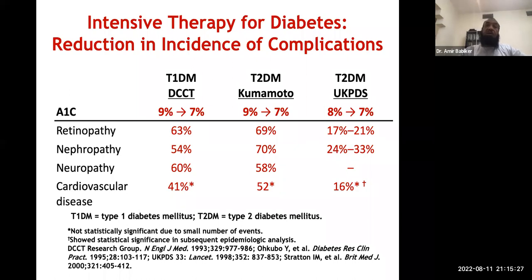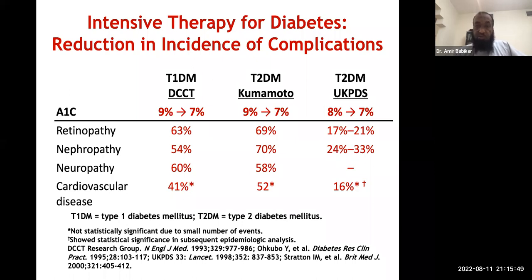Okay, there are cornerstone studies that have influenced the management with intensive therapy. These are of course the DCCT, the Diabetes Control and Complications Trial, and then we have the UK diabetes study.